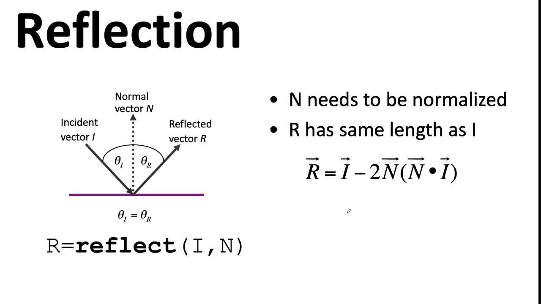And instead of working out all of the trigonometry here, I'll just state the way that this is usually formulated. So you can give this formula the normal vector and this incident vector. Be careful with the sign on this, and it will give you the reflected vector. And fortunately, there's a command built into most shading languages that implements this formula for you.